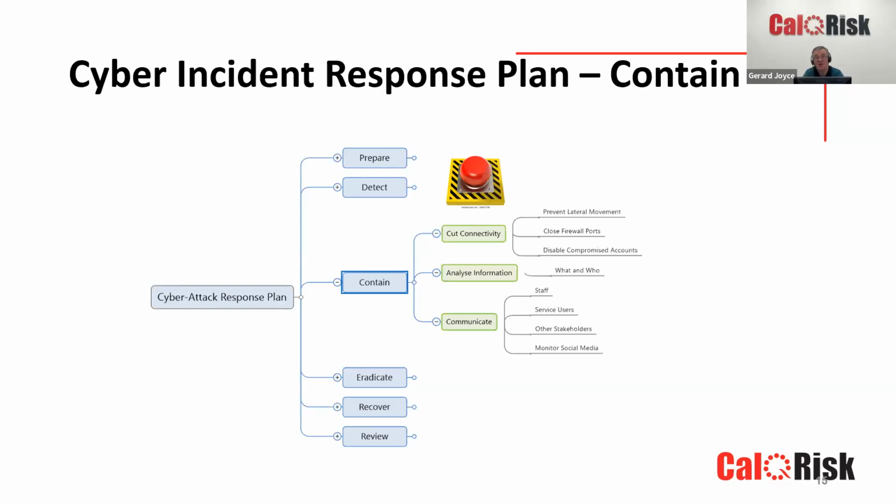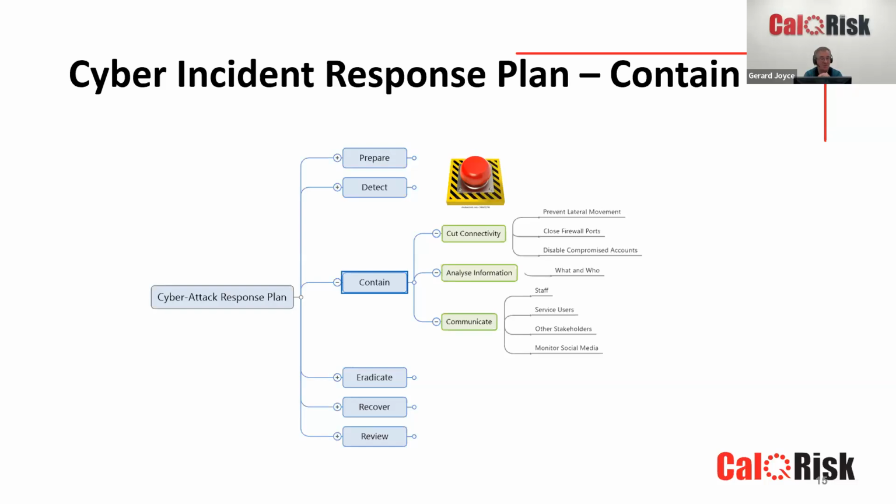So back to the mind map, and you see my big red button here. What I'm trying to say is, when you know you've got a cyber attack, the first thing you really need to do is isolate the users from the servers, from the knowledge, from the network.